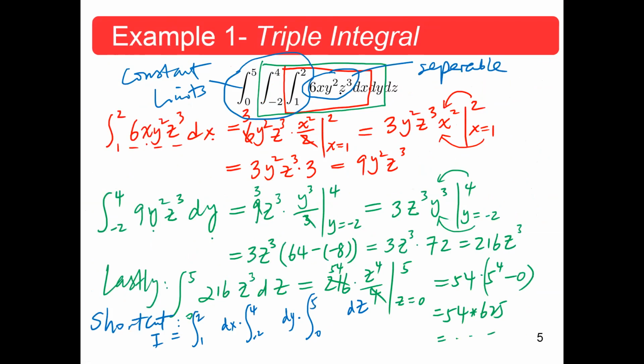And I just need to separate the function: you can separate x as 6x, y could be y squared, and z could be just z cubed.